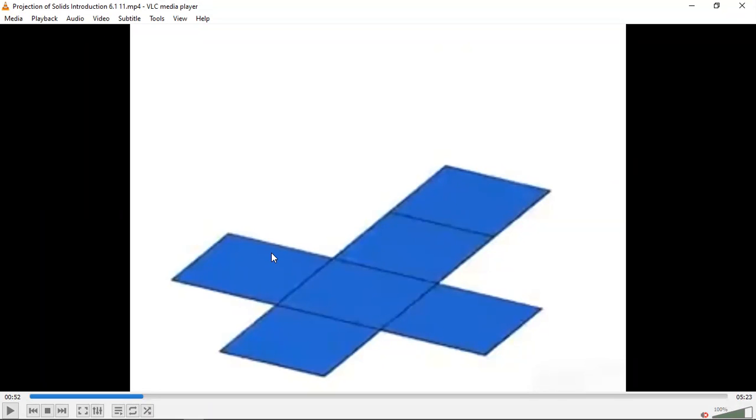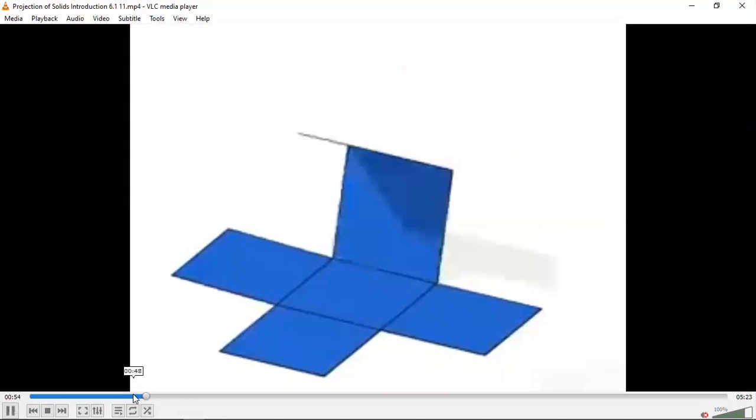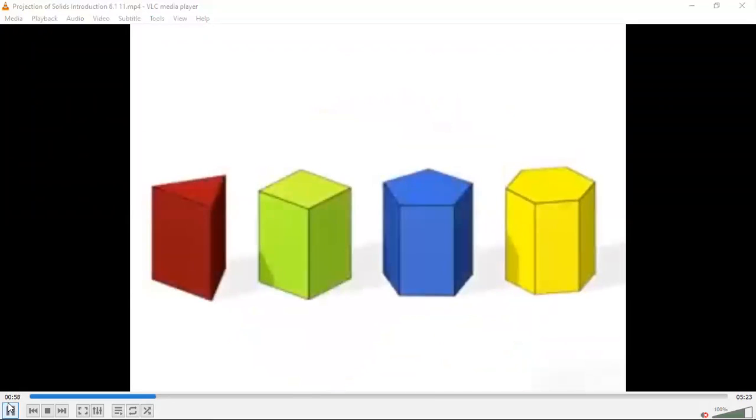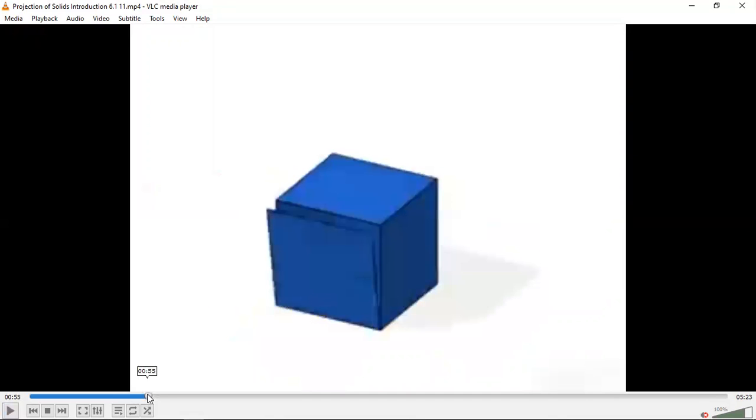These six faces are equal in shape and size, and they are called squares. So in a cube or a hexahedron, all the six faces are equal squares. It has another name, cube or hexahedron.